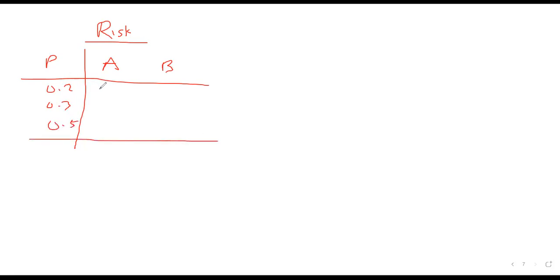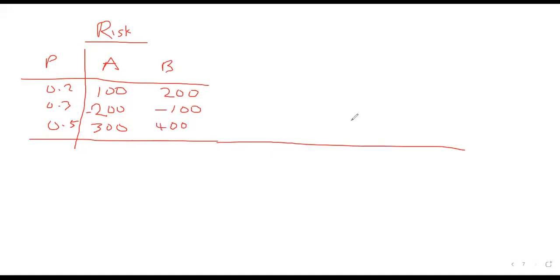They're given this is what? 100, negative 200, and 300 for asset A, then 200, negative 100, and 400 for asset B. We've been asked to calculate the expected return for each asset A and B.